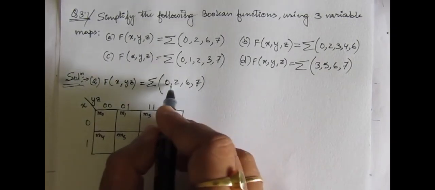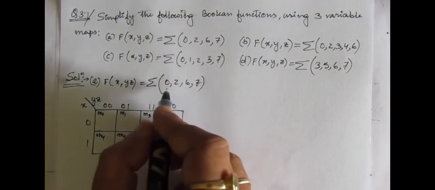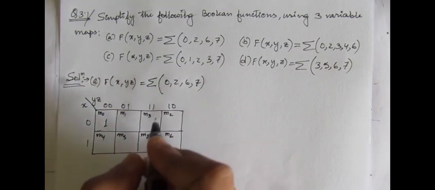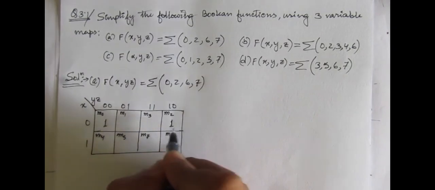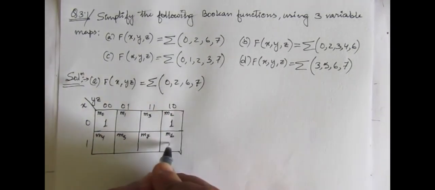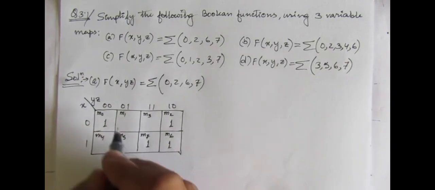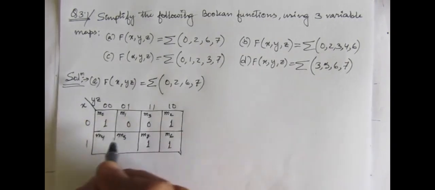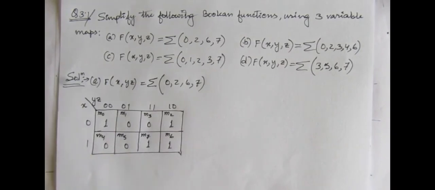So we have to write ones for the 0, 2, 6 and 7 minterms. 0 is this one, so we'll write here 1. m2 is here, so we'll write here 1. 6 and 7, 6 is this one and 7 is this one. All others will be 0. That means these terms are not present. You can write 0 or you can leave them blank also.